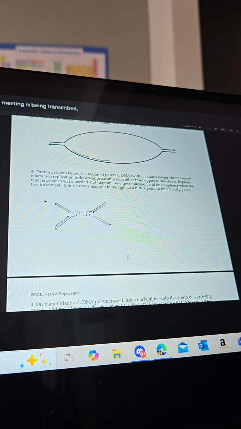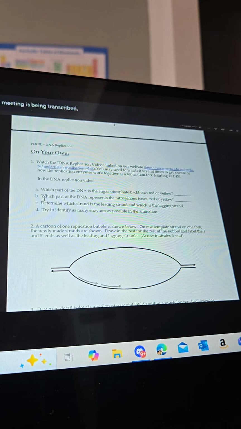I hadn't checked this, but I heard people in the Discord talking about how the link doesn't work or they're having issues with it. Yeah, there's a weird space written out here. If you just Google this thing, it pops right up.